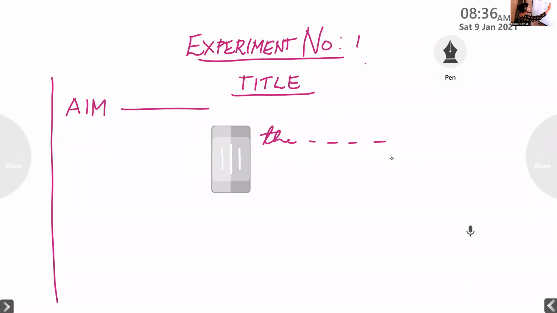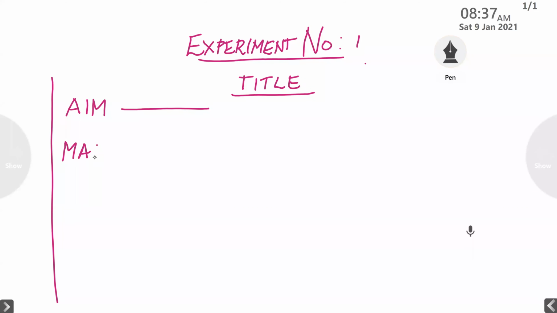And after that, leave a line and then write materials. In some universities, they follow the format as materials required, but as of now, we'll go with materials. Then you have to put the numbers and then write down the materials required.